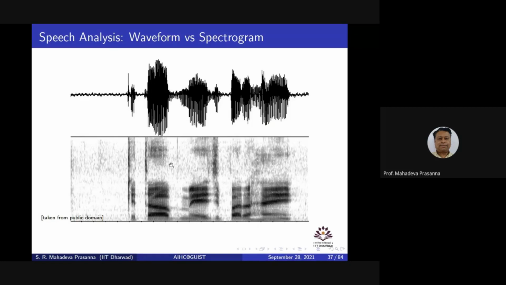Suppose I take the speech signal and record it through the microphone; a time domain waveform looks like this. If I process this time domain waveform by a signal processing method and construct a time-frequency plot, it looks like this. Since in speech the information is stored as time-varying functions of different frequency components, this is a more realistic representation of the speech signal from a processing point of view.